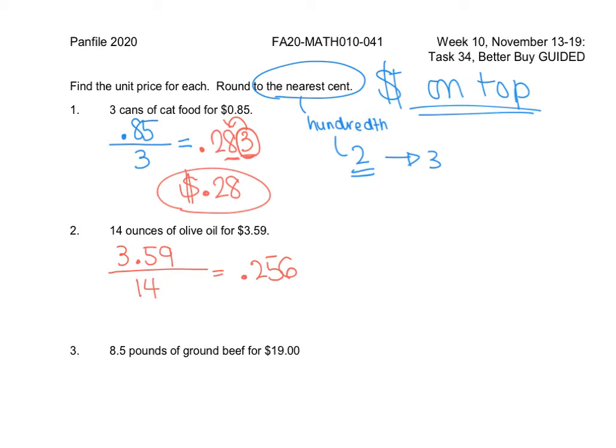Now, a lot of these will be in the cents, because if you think about it, unless you're paying a lot for things, you're usually paying cents on the dollar per ounce, per can, per pound, per whatever. So a lot of times they will be less than $1 for things. So we're looking at the 6 to decide what to do with the 5. So we get 0.26 because the 6 rounds the 5 up. So olive oil is 26 cents an ounce.